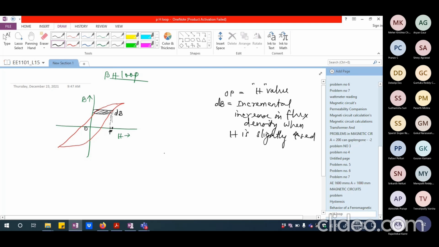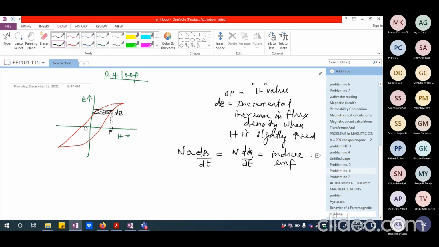So I can say dB divided by dt multiplied by the area of the core multiplied by the number of turns that are wound in the coil, which is creating this magnetic field intensity. This I can write as N d phi by dt, because B multiplied by A is the flux. This will be the induced EMF, right? Because N d phi by dt will be the induced EMF.